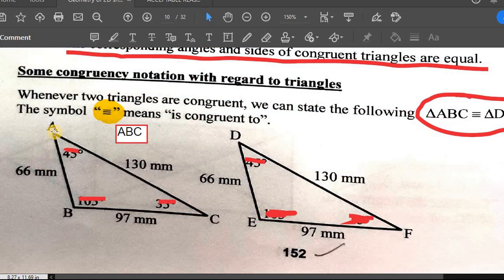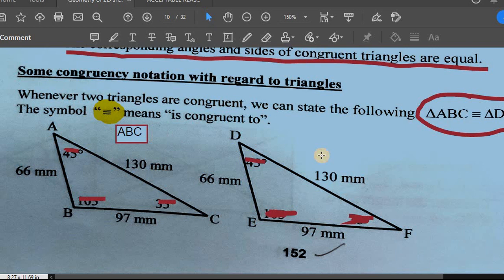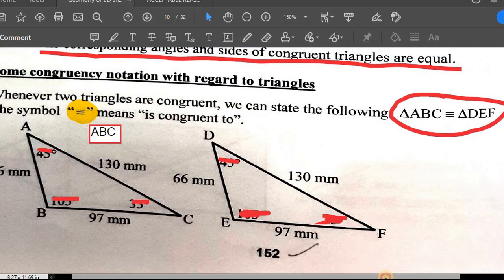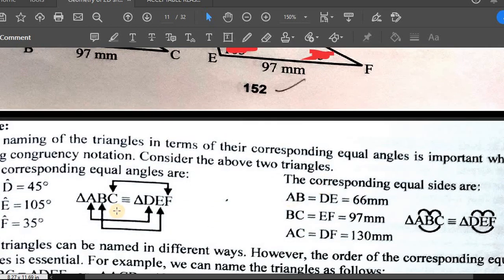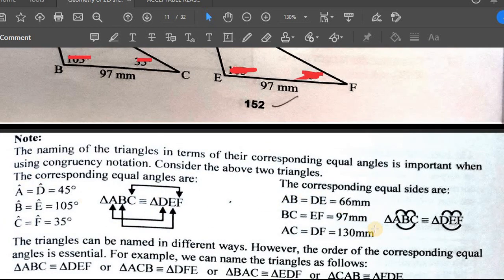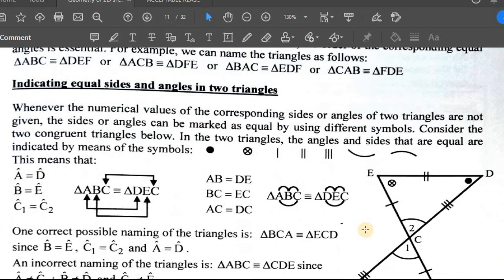If you're moving ABC, we went from 66, 97, 130. So 66, 97, 130, DEF, right? So that's why we're going to say that triangle ABC is congruent to DEF, right? That's what all these explanations here say to you.